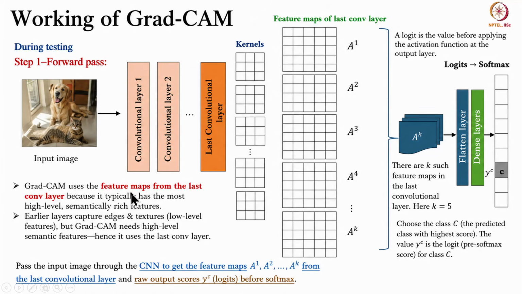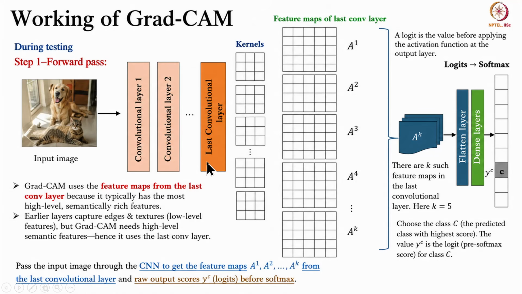And GradCAM uses the feature map from the last convolutional layer because it typically has the most high level semantically rich features. Why are we using only the last convolutional layer? Because it has semantically high features. And from here onwards, next 4-5 slides I have taken from NPTEL. Here these are very good number of features.